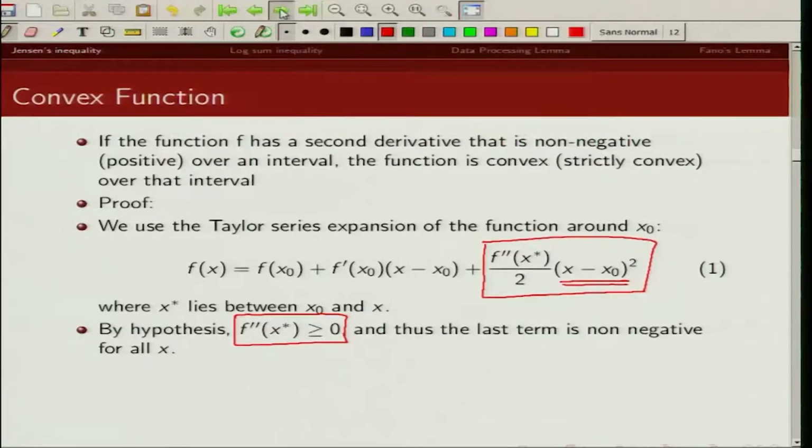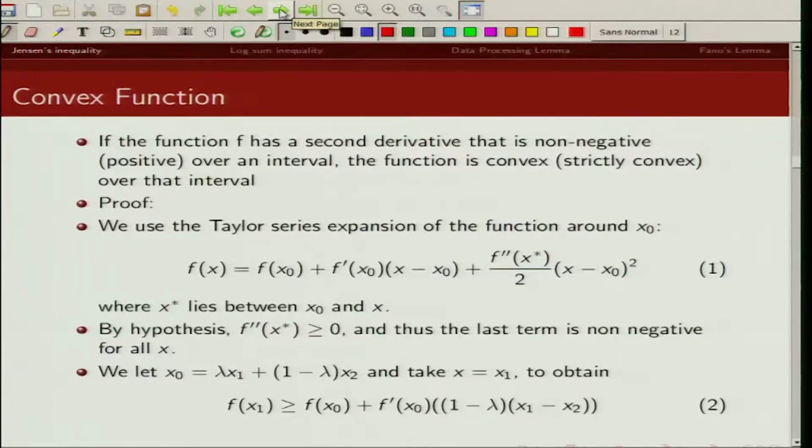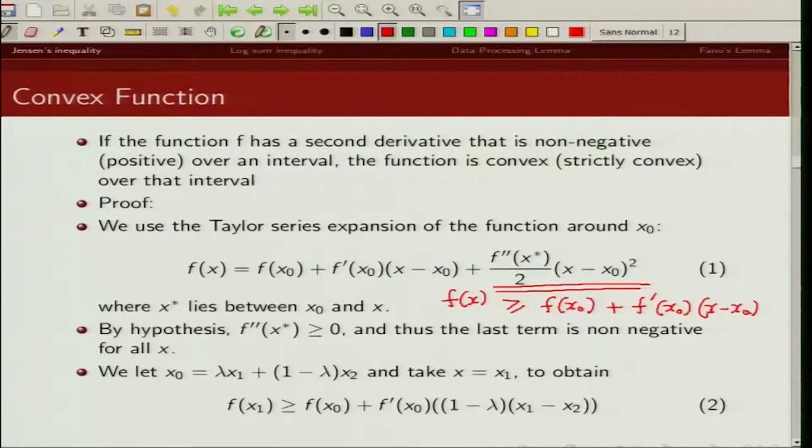So then what I can do is, I can write f of x to be, since this term is non-negative, f of x will be greater than or equal to f of x naught plus the first derivative of f evaluated at x naught, times x minus x naught.